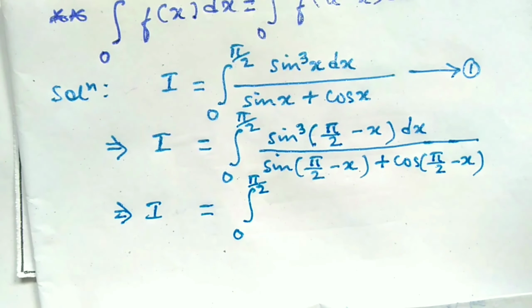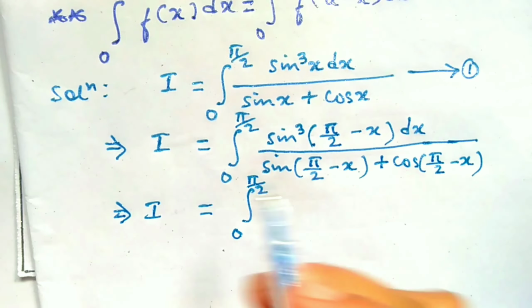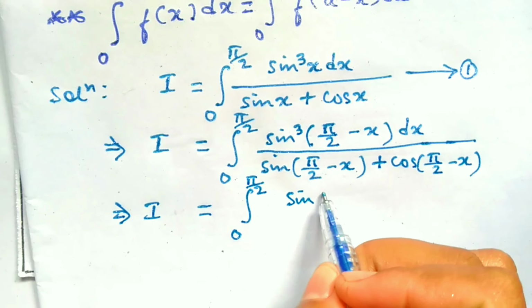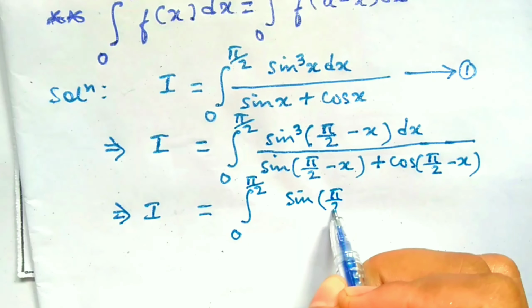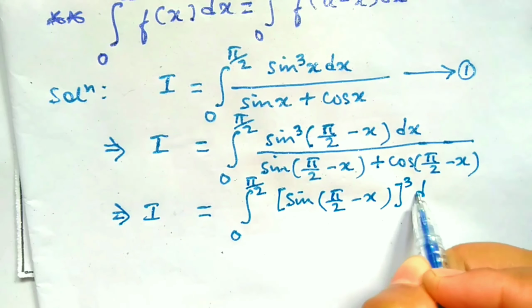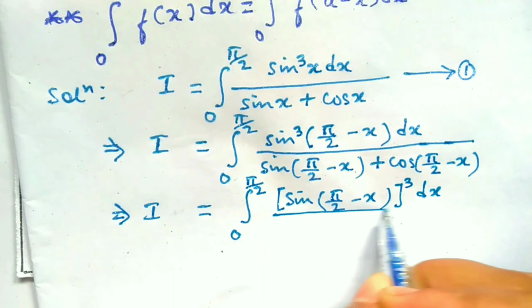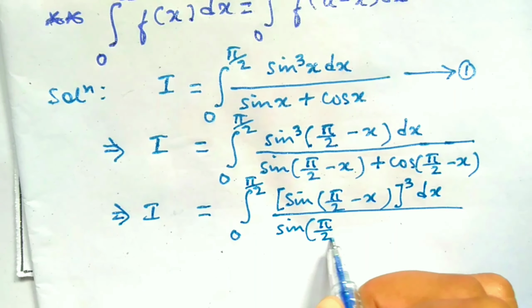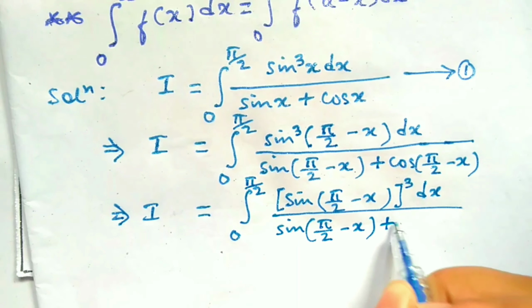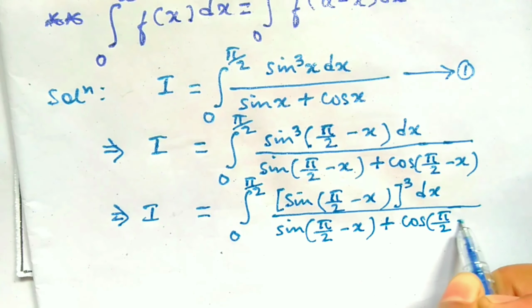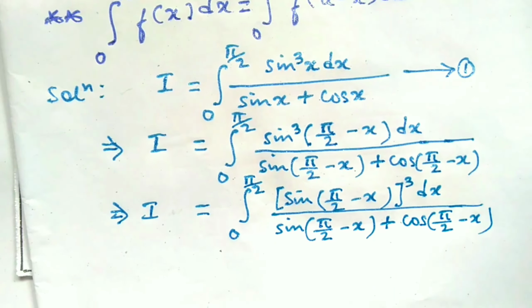Now look here carefully. Let's write first like this: sine (pi by 2 minus x) whole thing cube dx divided by sine (pi by 2 minus x) plus cos (pi by 2 minus x).